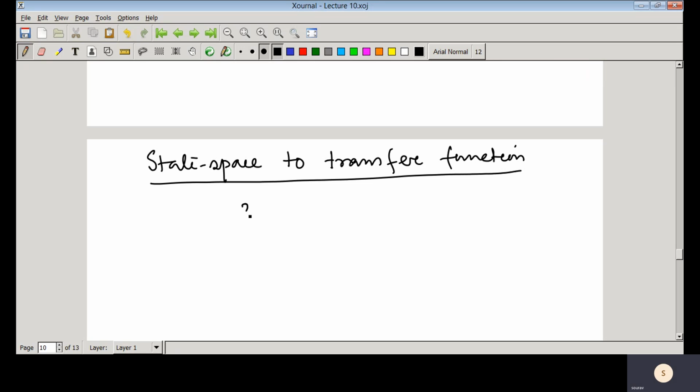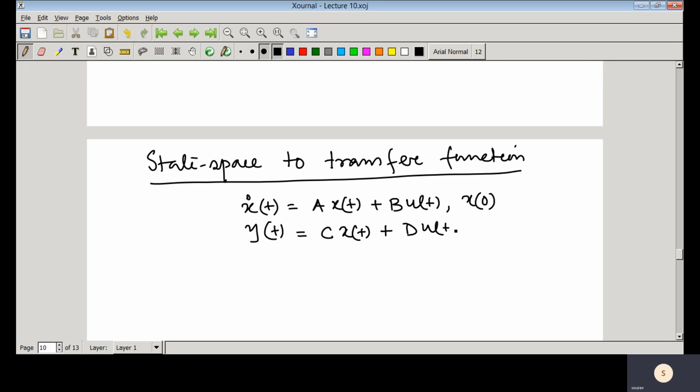So you can see here that the state space description is x dot = Ax(t) plus Bu(t), and this is x(0), that is the initial condition, and the output equation, that is y(t) equal to Cx(t) plus Du(t).